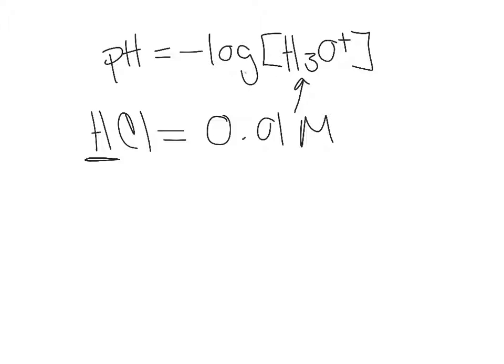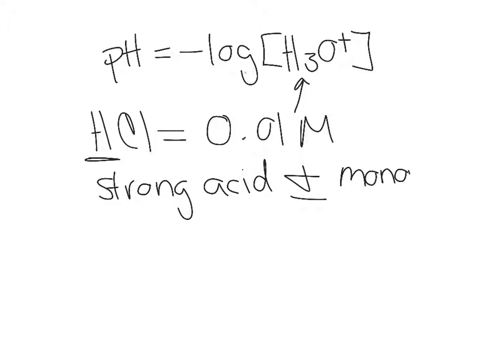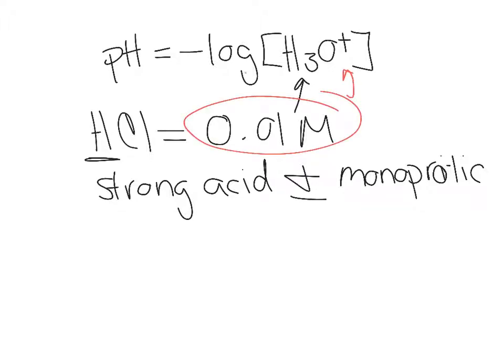If the acid only has one hydrogen and it's a strong acid, then we can assume that the concentration of the acid is the same as the concentration of hydronium. But that's not always true for every single thing.